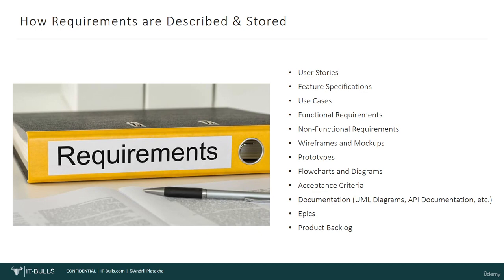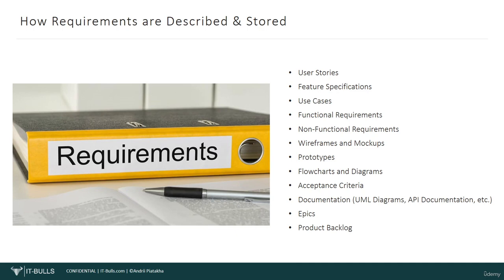Flowcharts and diagrams. Flowcharts, activity diagrams, sequence diagrams, and other visual tools can help illustrate complex processes, workflows, and interactions. Acceptance criteria. For each requirement, acceptance criteria defines the conditions that must be met for the requirement to be considered complete. They help ensure that the implemented feature meets the intended functionality.